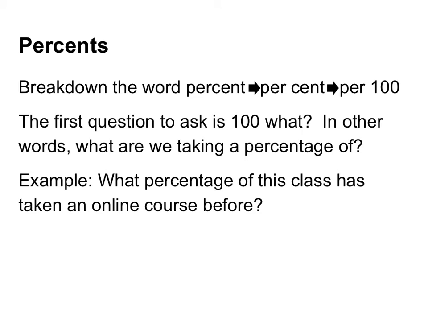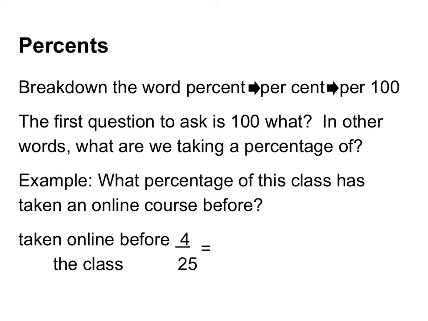So in this case, we're taking a percentage of this class. Okay, out of that group then, who are we talking about? We're talking about taken an online class before. So those are my two groups. I'm taking a percentage of the class, so that's my whole, that's my 100, and then out of that I want to know the online course.